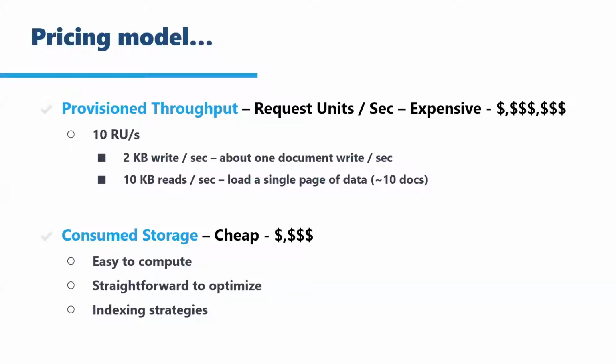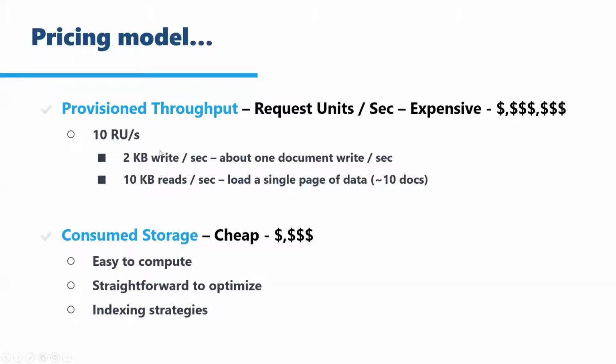With CosmosDB, the pricing is based on capacity, however much you have provisioned. And the idea here is that you have this notion of request unit and request units per second. Based on your usage, you're paying for how many request units you have. And you can see here what a single request unit translates to in practice.